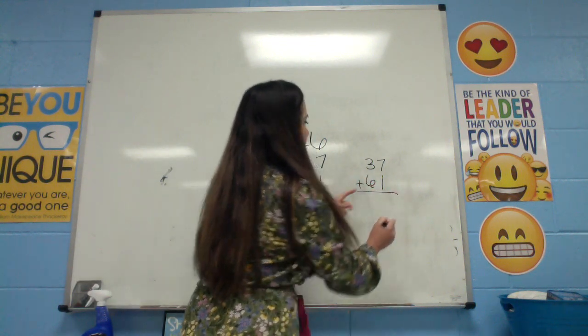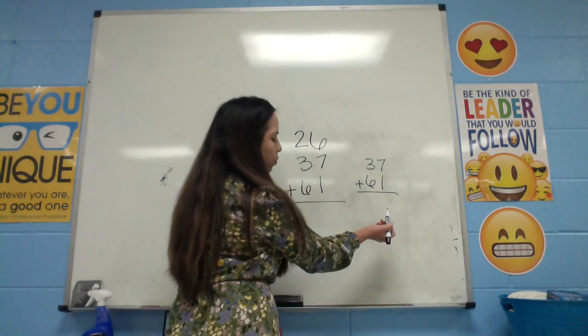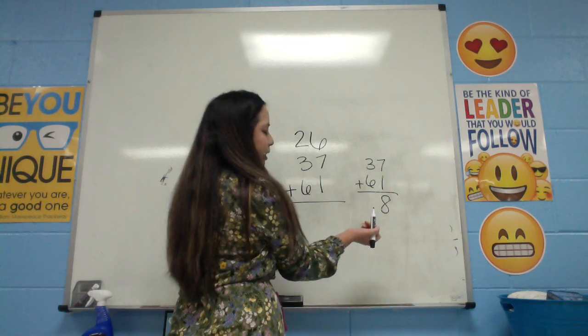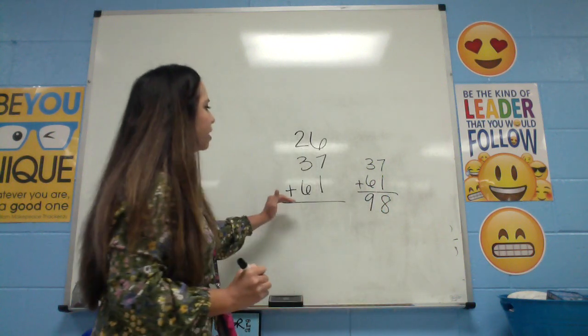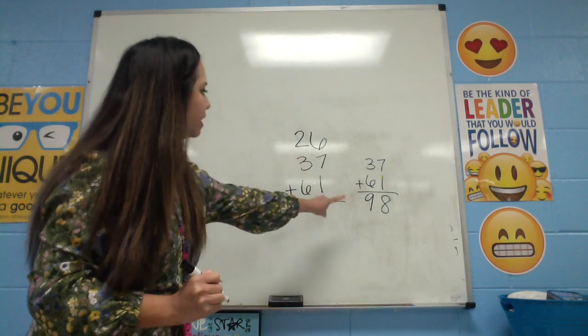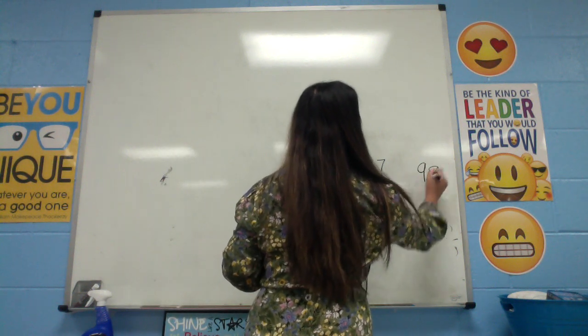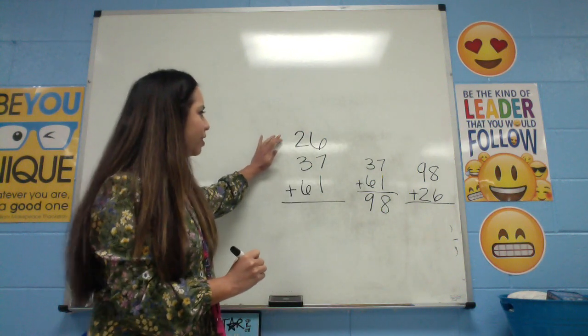Let me add here. See, there's no regrouping when I add 37 plus 61. 7 plus 1 ones is 8 ones. 6 plus 3 tens is 9 tens. Now, I'm going to add 98 to 26. I like to rewrite it, 98 plus 26. We cannot forget the third addend, the third number.